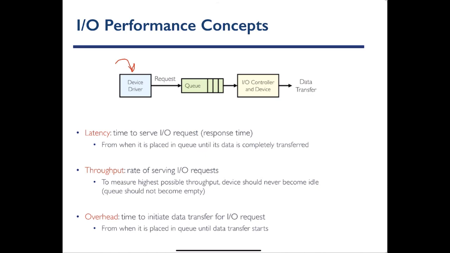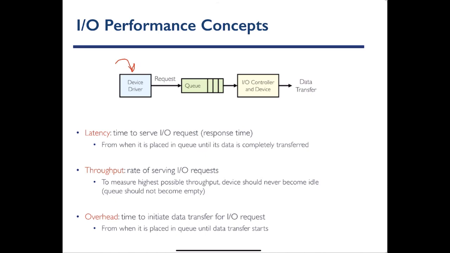Let's assume that the device itself has some queue for all these requests. Obviously, this is a very simplified version. In reality, the request first gets queued inside the operating system in I/O request buffers. Then the request is sent eventually to the device.